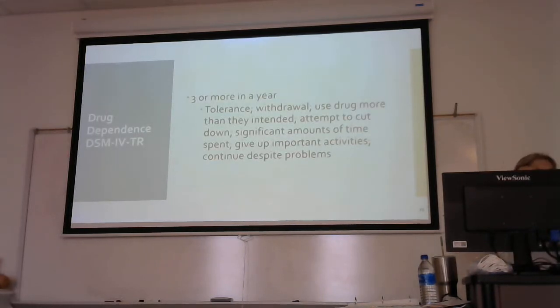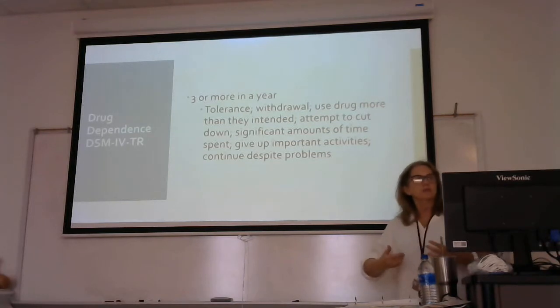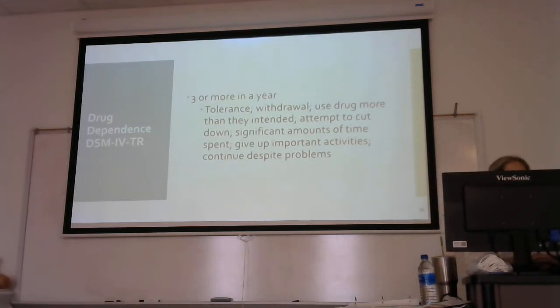So, tolerance is a need for more to get the same effect. Dependence is where our withdrawals come from, because our body has gotten used to it. They will experience changes in their body reactions if they start not to use a substance.